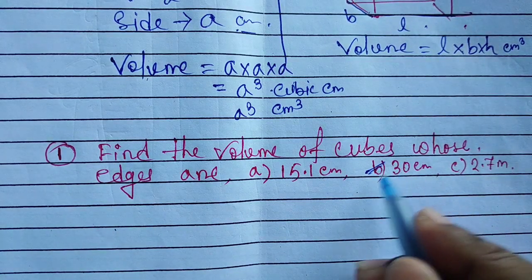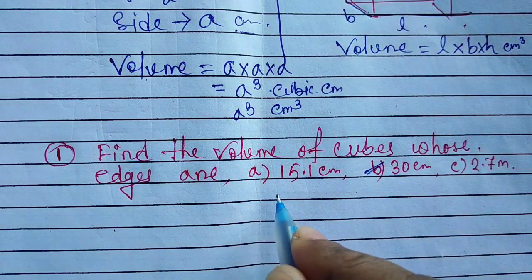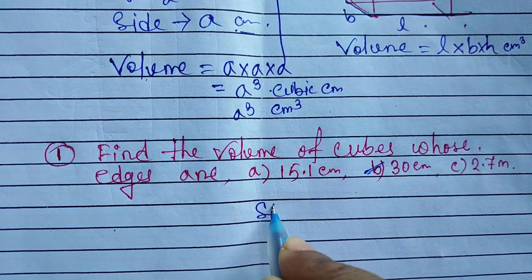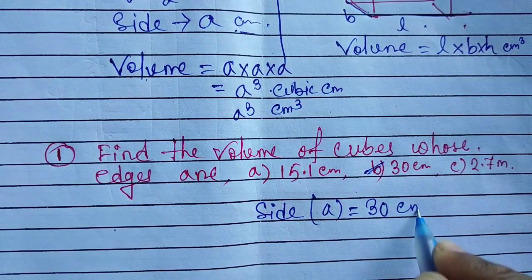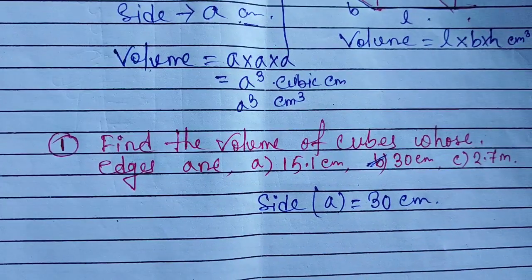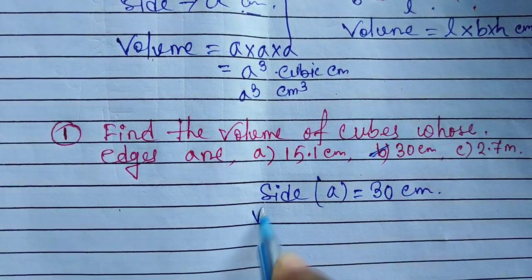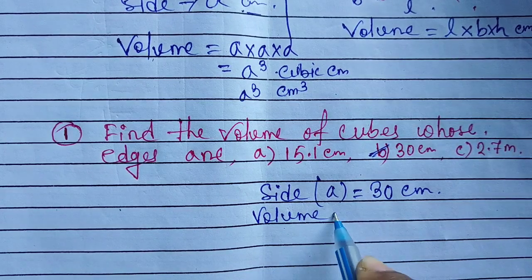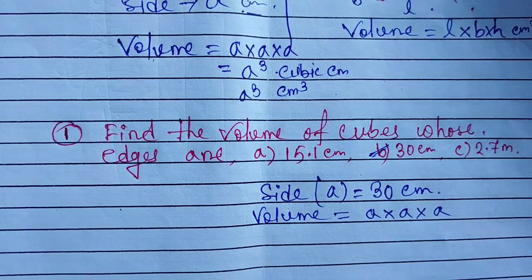Here the length of the side of the cube is 30 centimeter. Side is denoted by a, so a is equal to 30 centimeter. And this is a cube. What is the formula for a cube? It will be side into side into side, that means a into a into a.